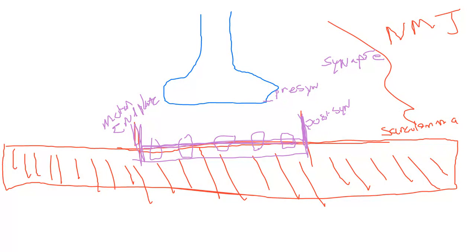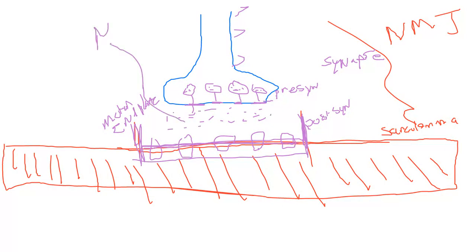The neurotransmitter typically lives inside vesicles at the terminal end, and through an electrical signal coming down the axon, it's going to cause a change that leads to these vesicles merging into the presynaptic membrane, into the membrane of the axon, and exocytosing out their contents, which is the neurotransmitter.